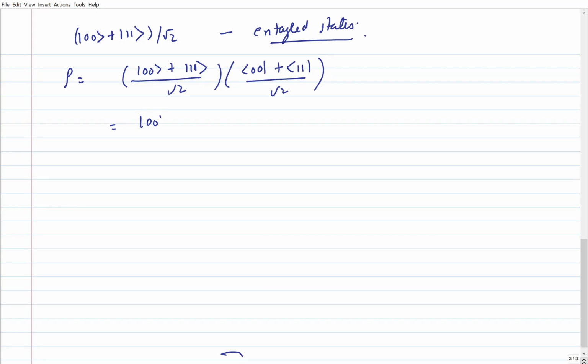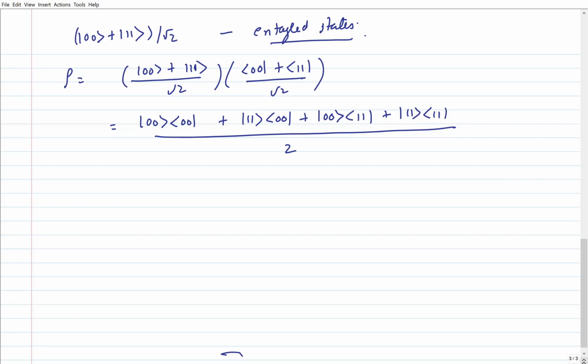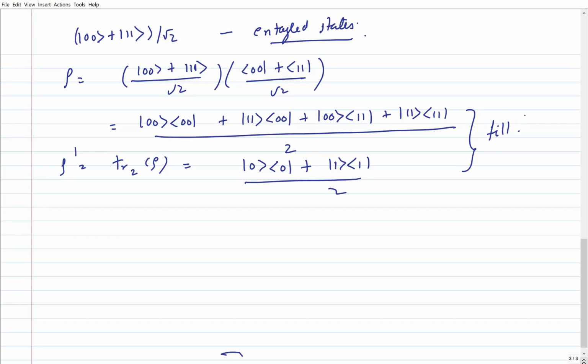I can expand it out. If I trace out the second qubit, if you calculate it, I'll get, fill the missing steps, I by 2.